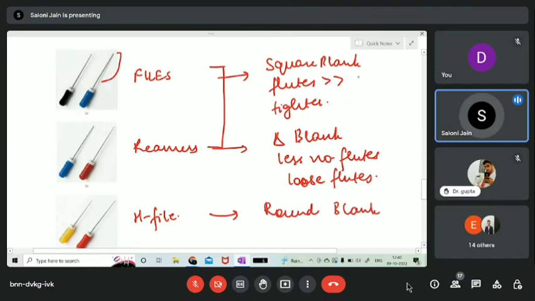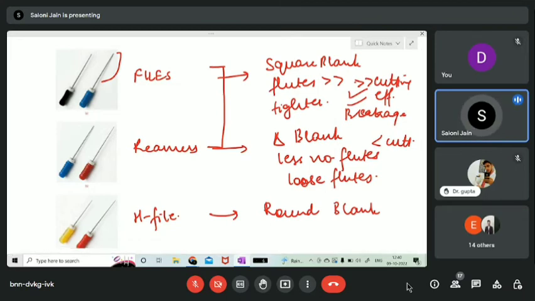Also, files have a very good cutting efficiency and reamers have less cutting efficiency. And because files have good cutting efficiency, the chances of breakage also increase. They are fragile and break easily, but reamers don't, as compared to files.